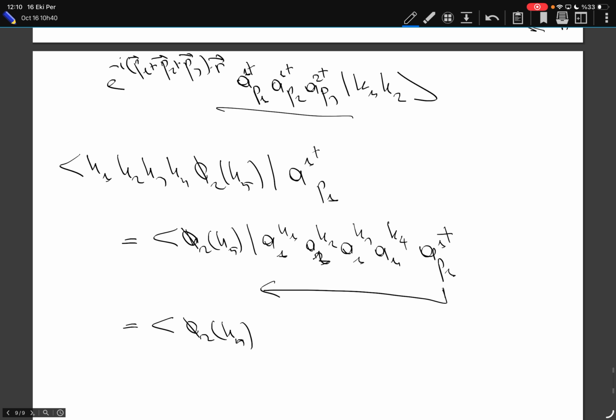Let me just write a couple of terms only: A1, K1, A1, K2, A1, K3. If I commute A1, K4 and A1 dagger P1, that will give me a 3-dimensional Dirac delta, because if their momenta are different, they will just commute with each other. If their momenta are the same, that is the Dirac delta function I have.